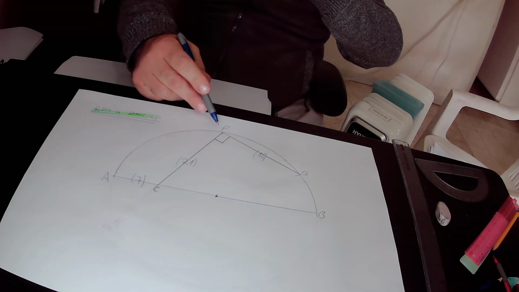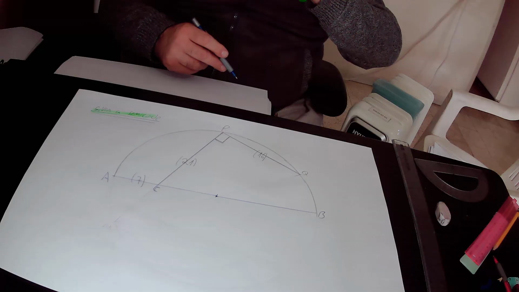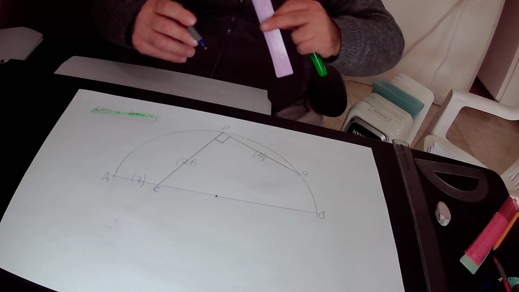Again, our task is to find the area of this semicircle APQB. First of all, we define the radius of this semicircle as x.